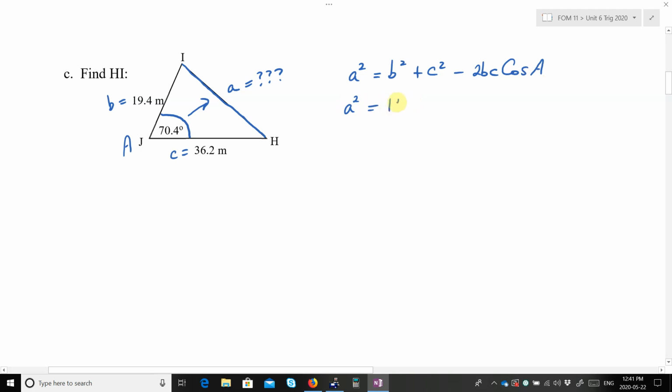B is 19.4. C is 36.2, minus 2 times 19.4 times 36.2 cos 70.4.